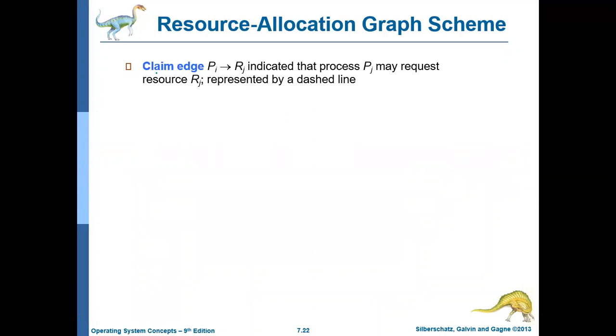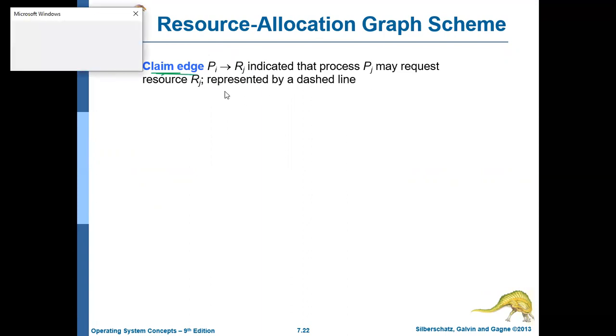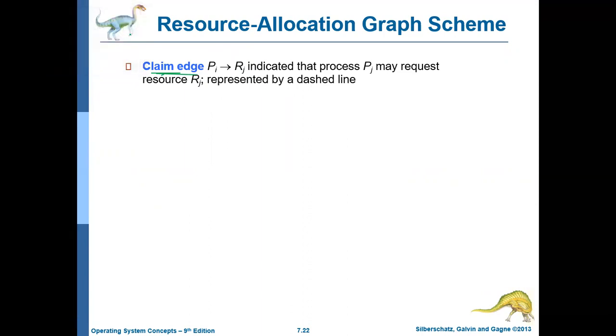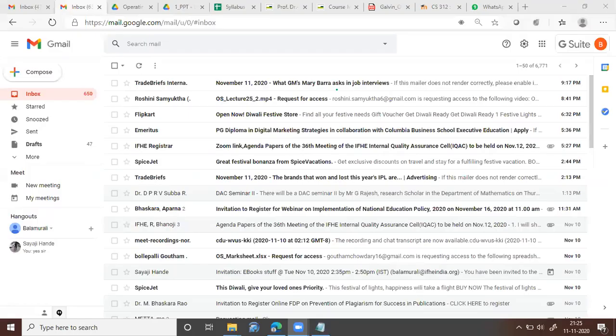That is, the process Pi may claim an edge Rj, meaning in the future it may require the resource. So the edge Pi to Rj indicates that the process Pi may request the resource Rj in the future. This is represented by a dashed line. So basically it means that the process Pi may require the resource in the future.